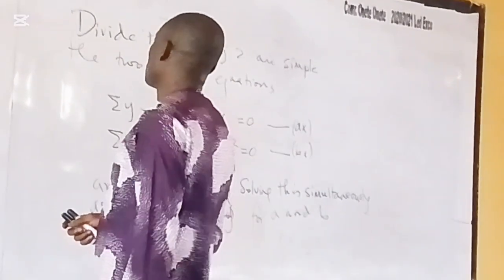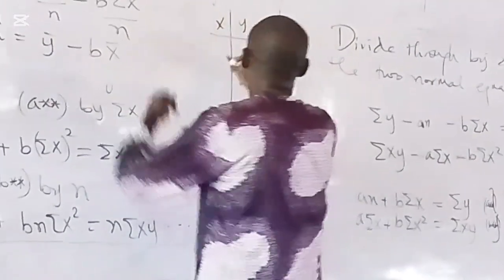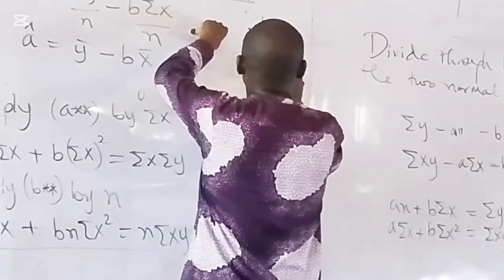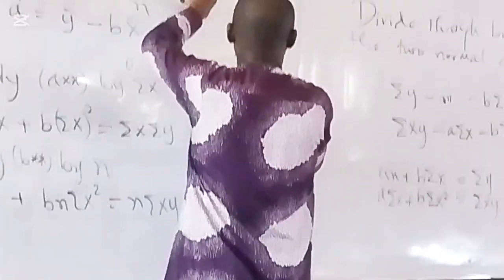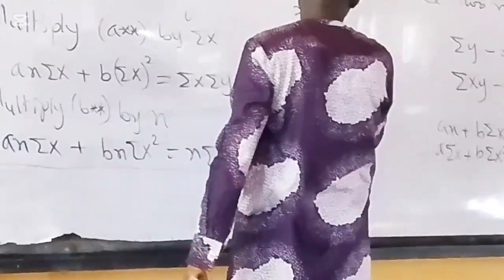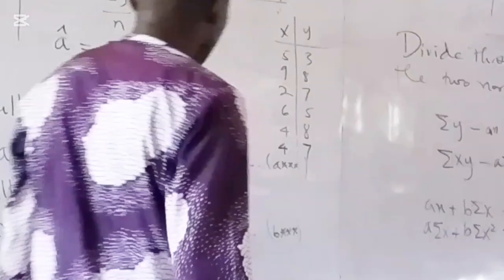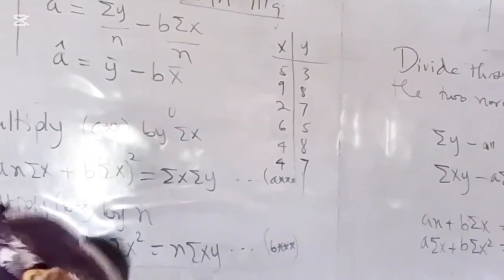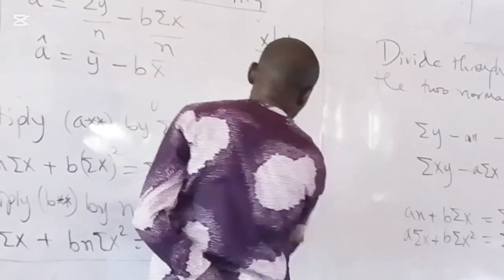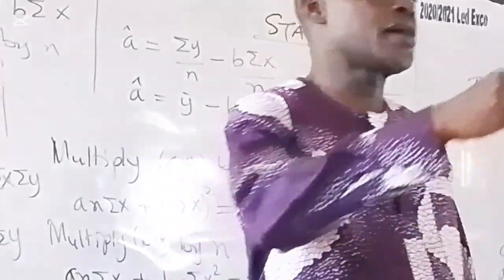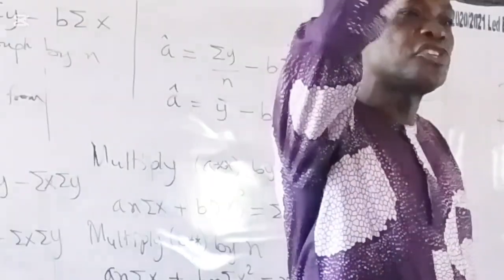Now let's do it with a small example. We have x and y. To fit a linear regression model is to carry the estimates you have gotten and place them in the original linear regression model.